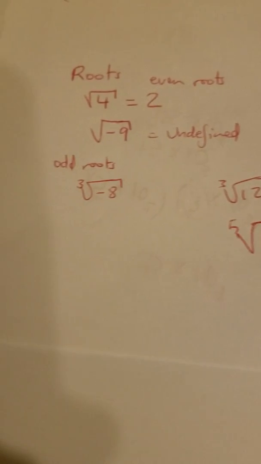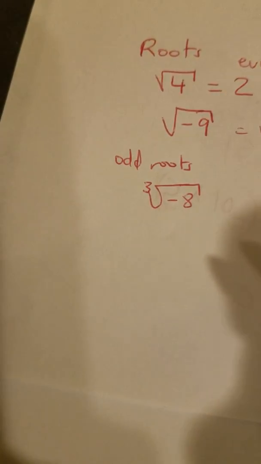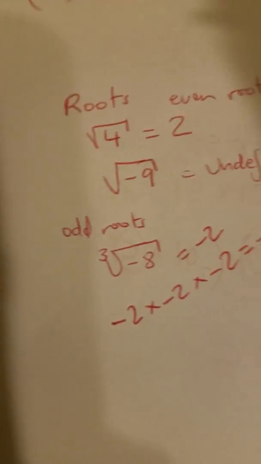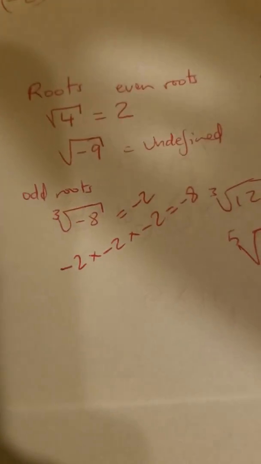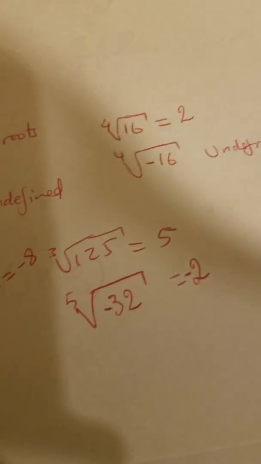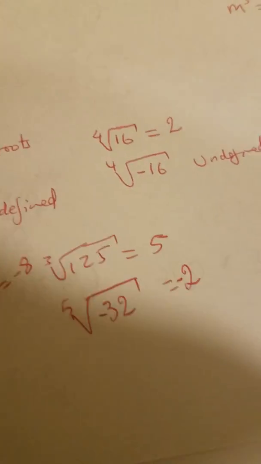Because this is possible, because I can do -2 times -2 times -2, and that would give me a negative. That would give me a -8. This is why it's possible to have a negative number inside of an odd root. So if you have any questions, just raise your hand and I'll post the video.